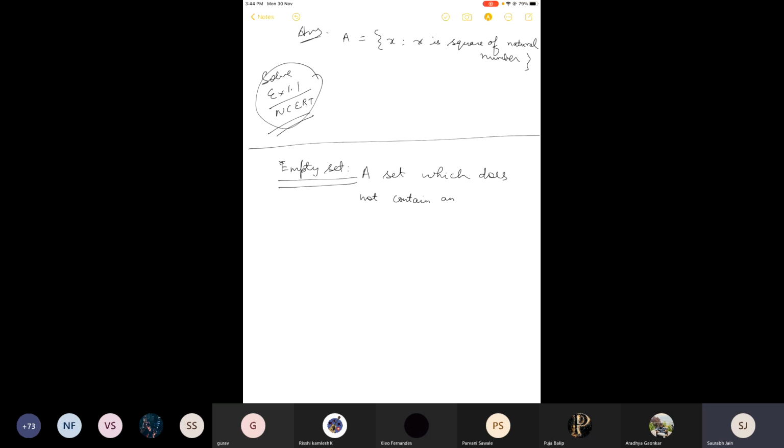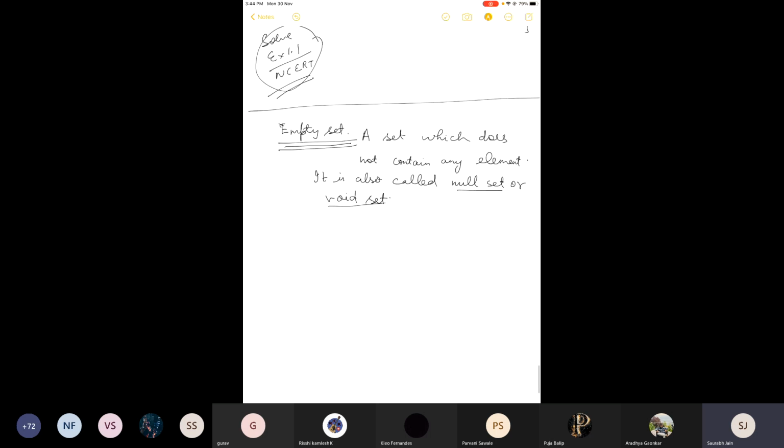It is also called, we have two more names for it, null set or void set. So sometimes we use the name empty set or null set or void set. All are the same thing.